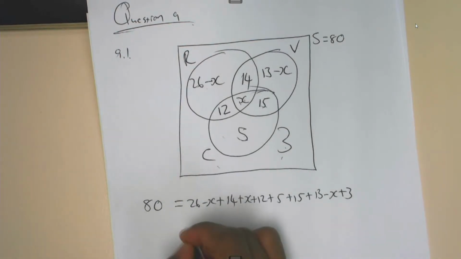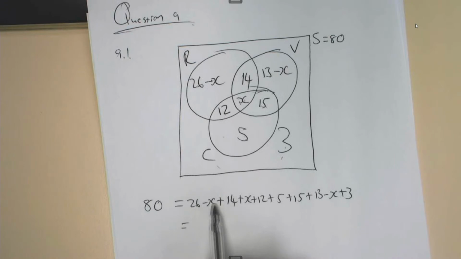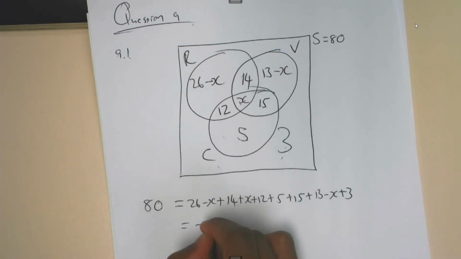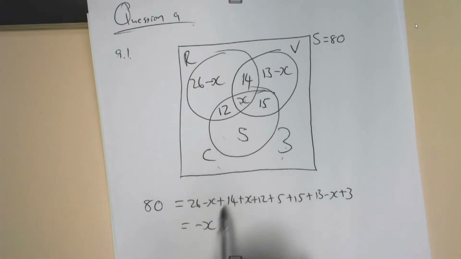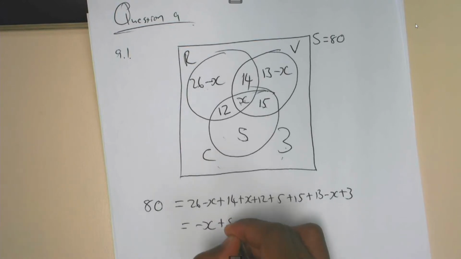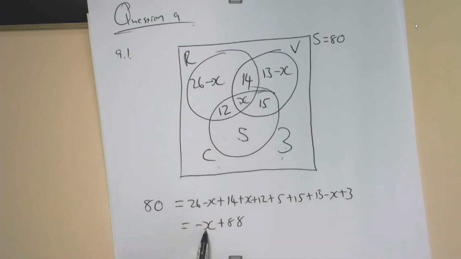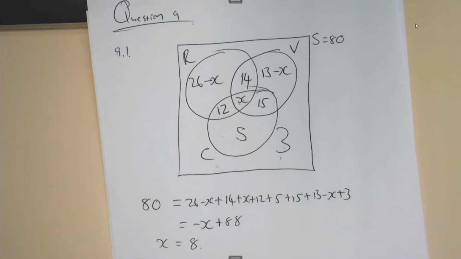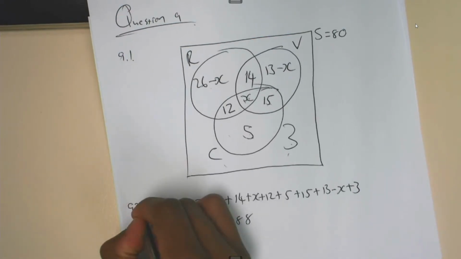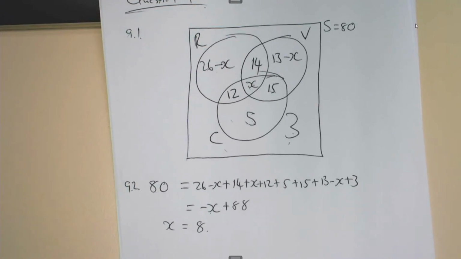As we solve this equation, negative x plus x is 0, and then we'll be left with negative x. And if you add all these constants, they will amount to 88. Then add the additive inverse of a negative x both sides, as well as the additive inverse of 80 both sides, and then we'll have x equal to 8. So that's quite an easy algebraic equation for us to solve.